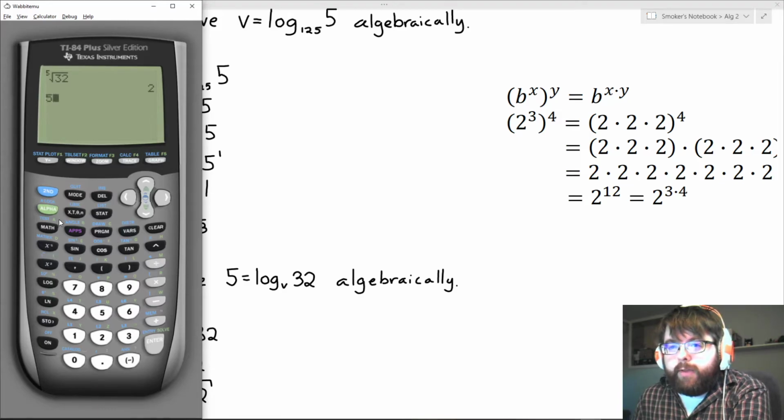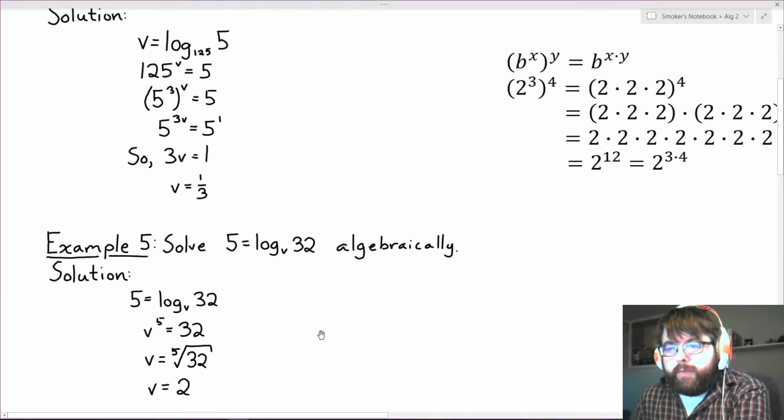That's what we want. That's quite different from this, which is the square root of 32 times 5. See how you get different answers? That's because this is not a fifth root. That's 5 times the square root. This is a fifth root, which is saying what multiplied by itself 5 times gives me 32, and the answer is 2.